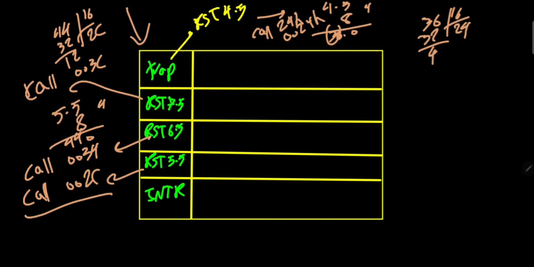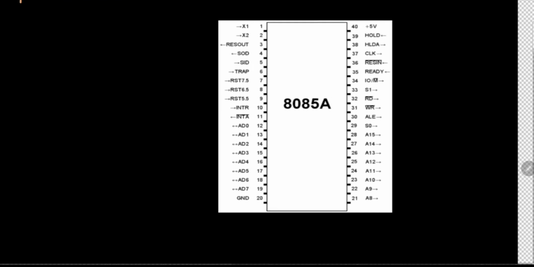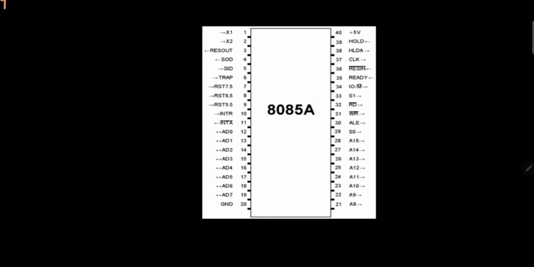called hardware interrupts, meaning they are actually the names of some pins. This is the 8085 pin diagram. And if we look, pin numbers 6, 7, 8, 9, and 10 are called TRAP, RST 7.5, 6.5, 5.5, and INTR.